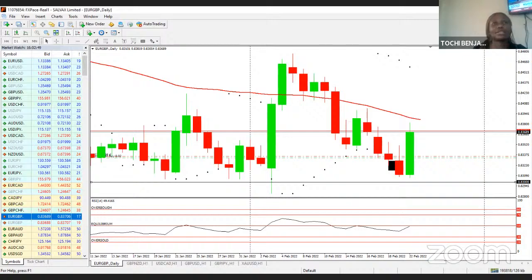Or let's say price is at 527 or 515 or 512. Instead of buying at 512, price is already close to 500. Why don't I allow price to come to 500?